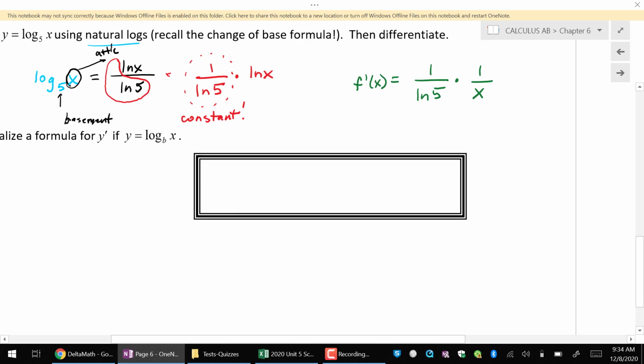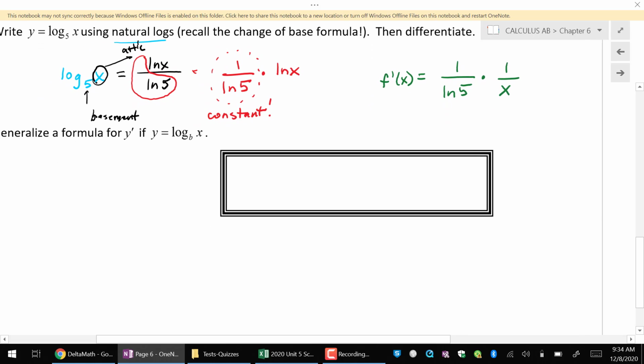And from that, we can derive a formula where if I have the log of any base, right there I have a lowercase b for any base, here's my derivative. dy dx is simply this right here. I'm going to have 1 over x times the natural log of that base.